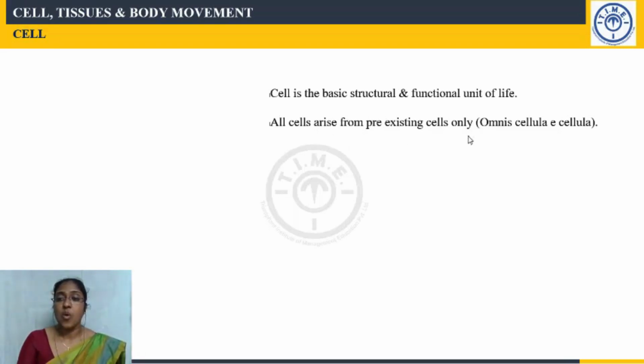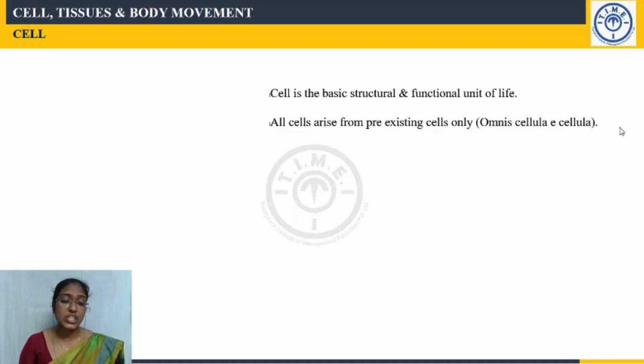Omnis cellula e cellula is the Latin form of that sentence: all cells arise from pre-existing cells. So what are the first two points? All living organisms are made of cells, and the cell is the basic structural and functional unit of life.